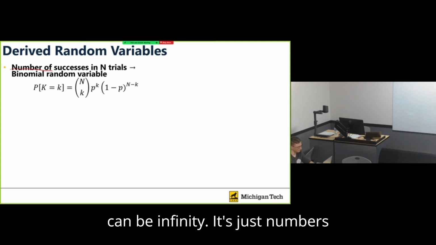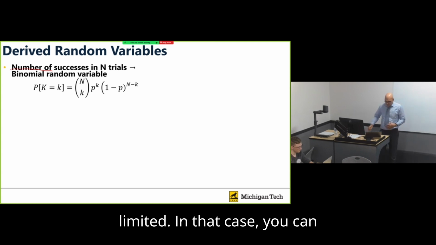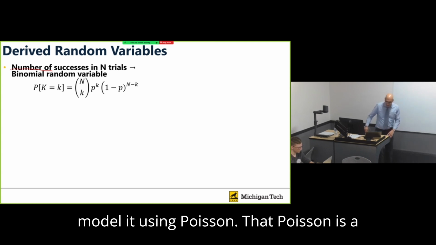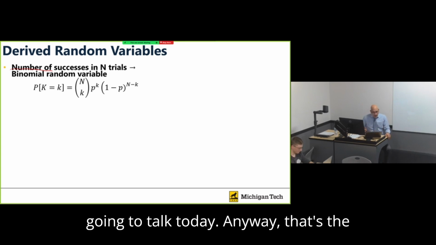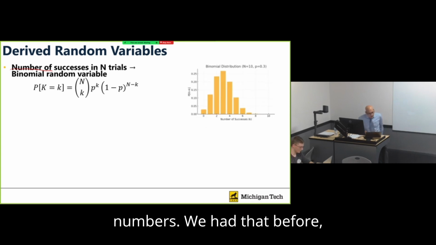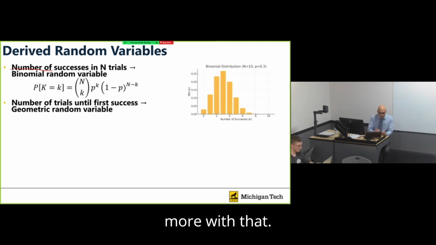It can be infinity, it's just that the numbers are limited. In that case, you can model it using Poisson. Poisson is a continuous version of this that we're going to talk about today. Anyway, that's the numbers. We had that before, binomial. We can play more with that.